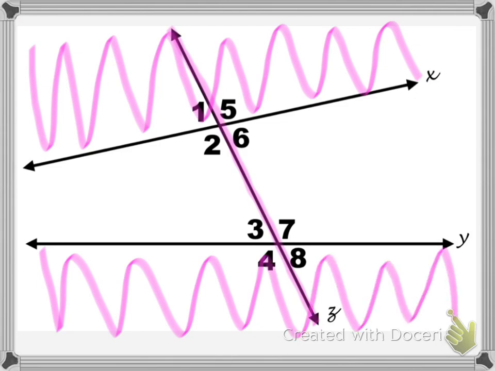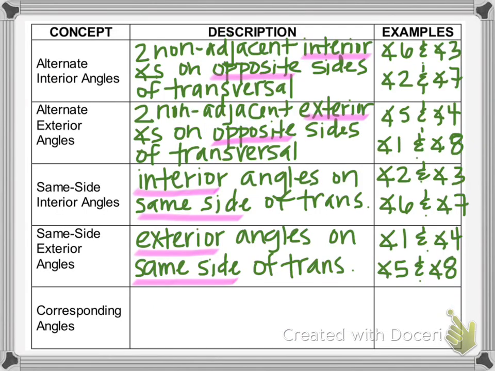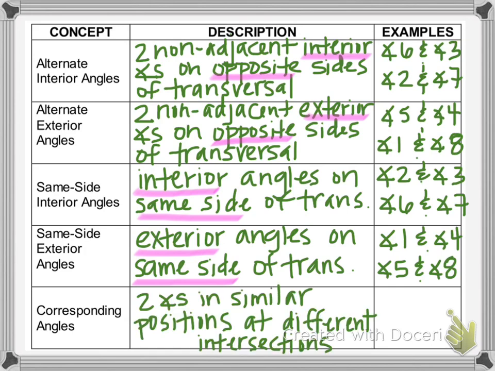The 4 angles in those regions are 1, 5, 4, and 8, but the ones that are on the same side of the transversal at different intersections are angles 1 and 4. They're both in the exterior on the same side of the transversal. And angles 5 and 8 are also on the same side of the transversal and in the exterior region. So those same side exterior angles were angles 1 and 4 and angles 5 and 8.